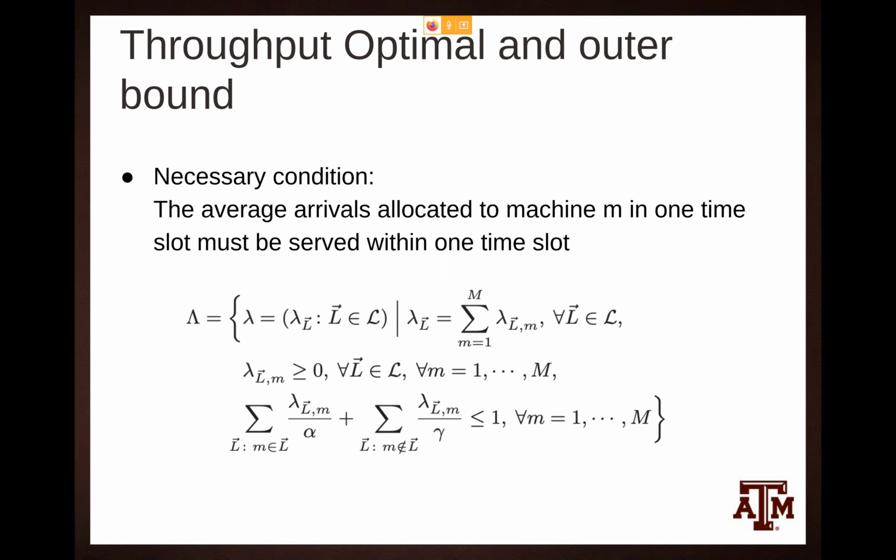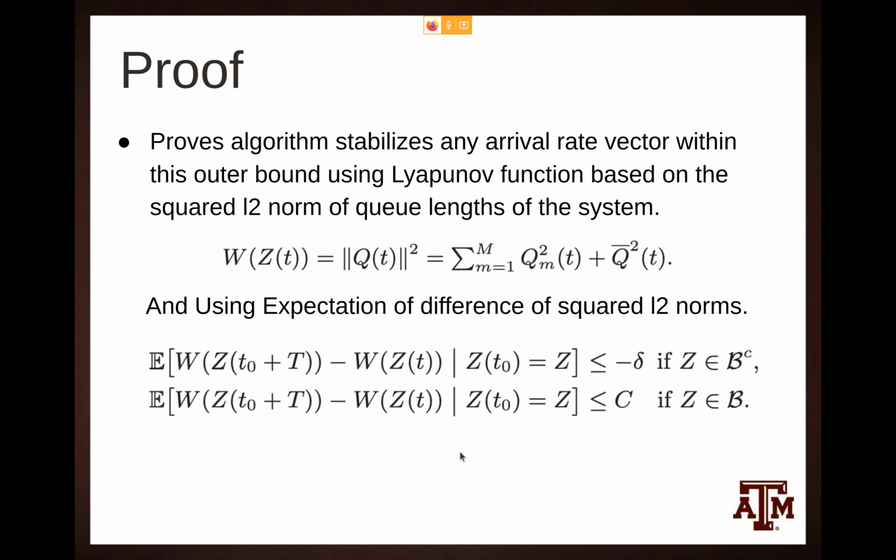So here is the equation of the outer bound in terms of the arrival rates, and the necessary condition, less than or equal to, corresponds to the necessary constraint that we discussed. And then the paper proves that the algorithm lies within the defined outer bound, making it throughput optimal.